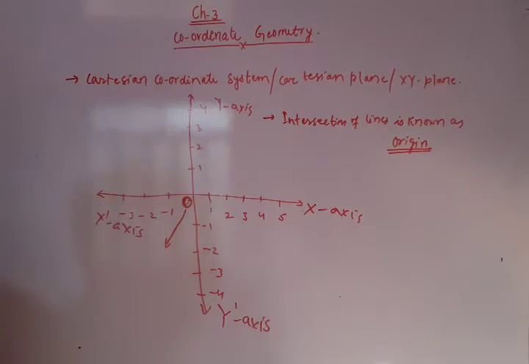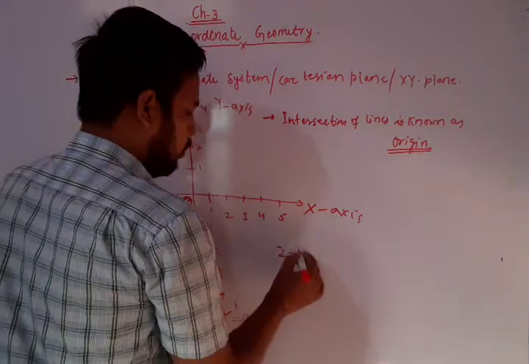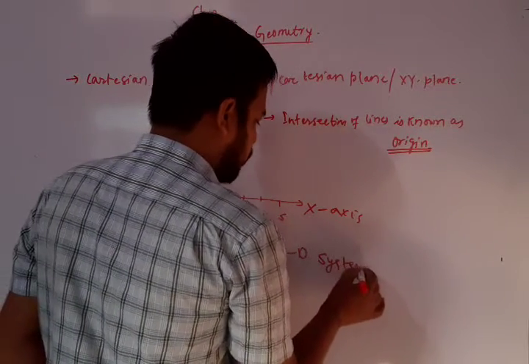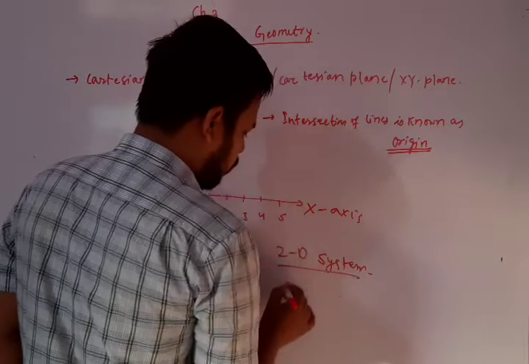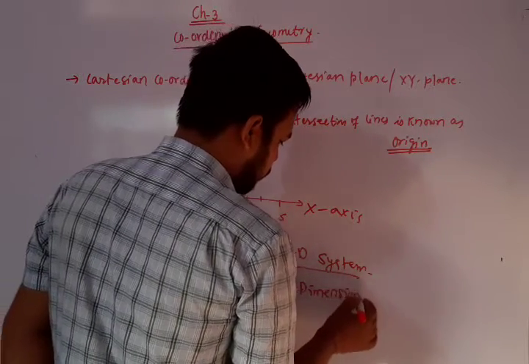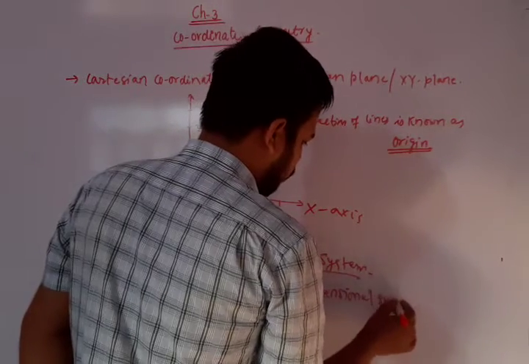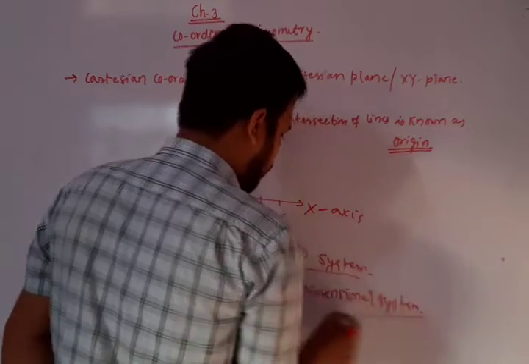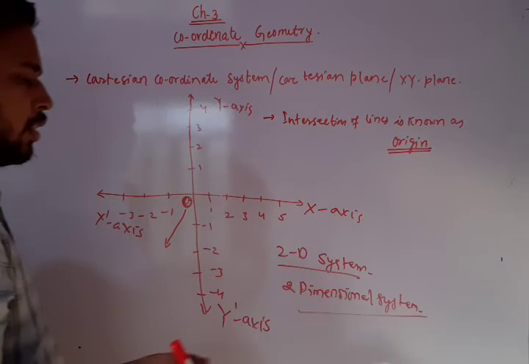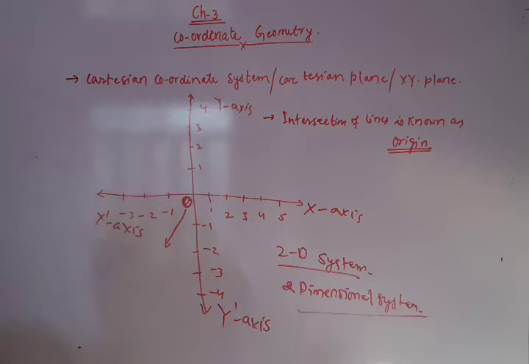This system is also known as a 2D system. What? 2D system means two-dimensional system, because in this figure we have two dimensions, one horizontal and one vertical.